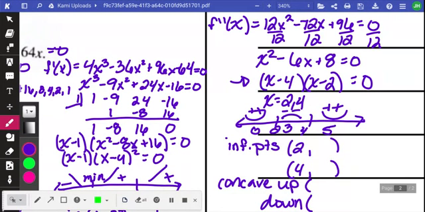Okay, so if I plug in 2, I have to plug it into the original equation, x to the 4th minus 12x cubed plus 48x squared minus 64x that we had originally, to get our output. So when I plug in 2, I'll get negative 16. And when I plug in 4, I get 0, which makes sense, because if you look at 4, my y value was 0. It's an x-intercept.